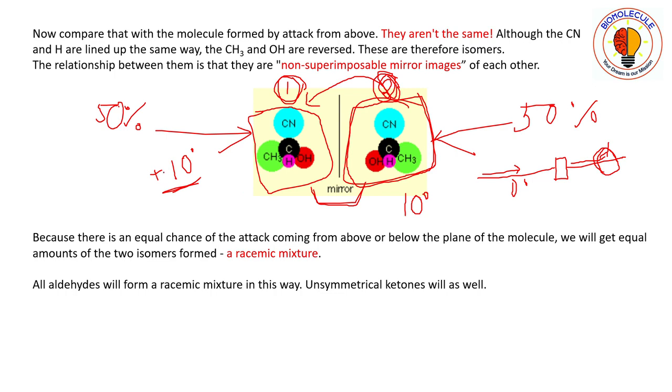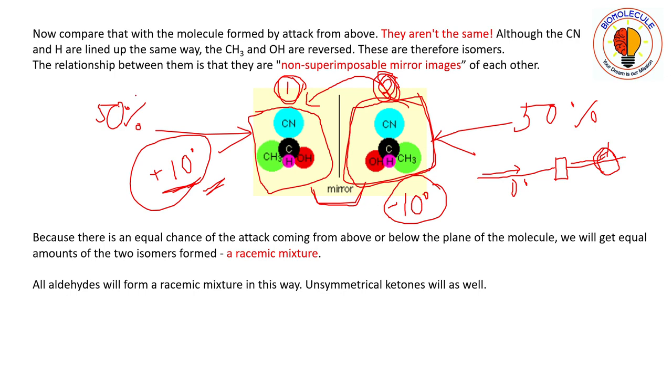Here it was plus, so here it will be negative 10 degree. Ultimately, if one compound deviates the light by 10 degree, its mirror image will deviate the light by the same amount but in the opposite direction.